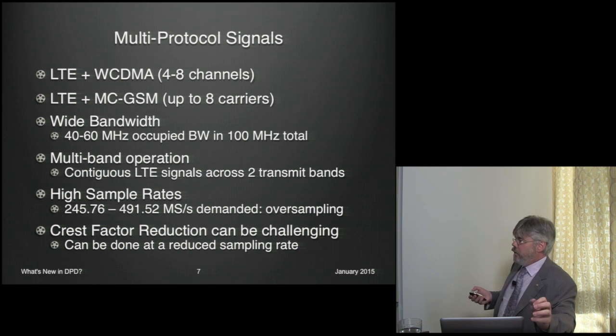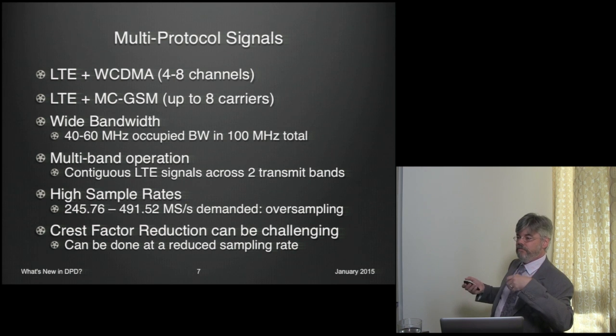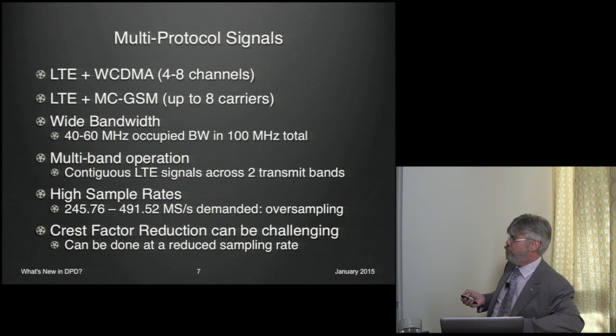To get the amount of data that you need into the available bandwidth, the service provider may want to put signals at, say, 2.1 gigahertz and 700 megahertz, and use that as just one continuous band. That's more of an overall system problem. You have 2 transmit bands, and that's something that's a bit more difficult to deal with. Generally this means 2 PAs, so from a DPD point of view, it's not quite so challenging.